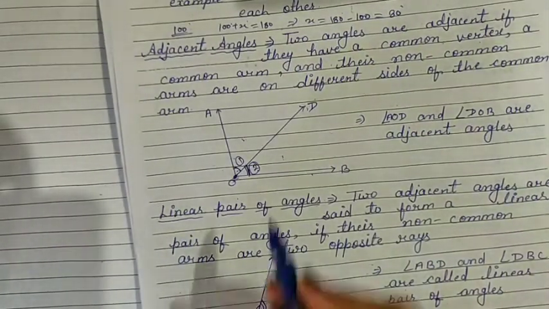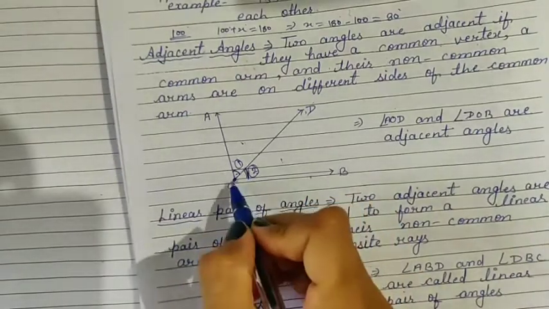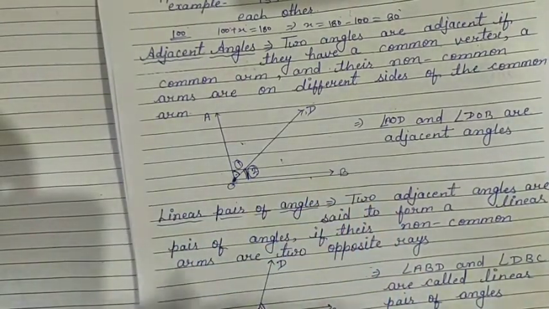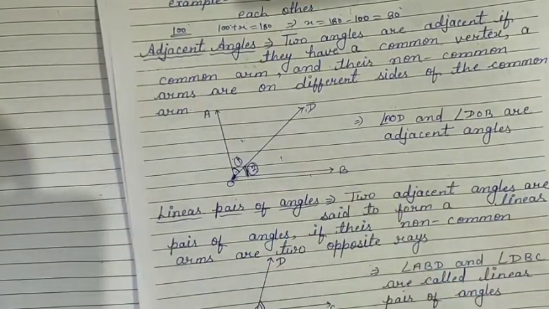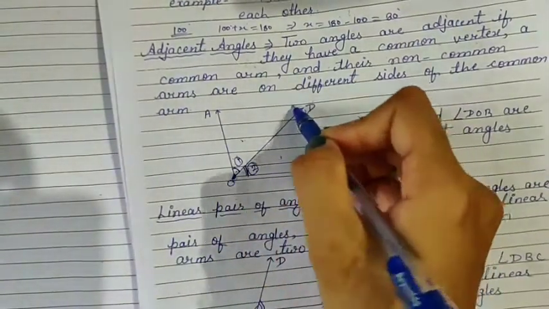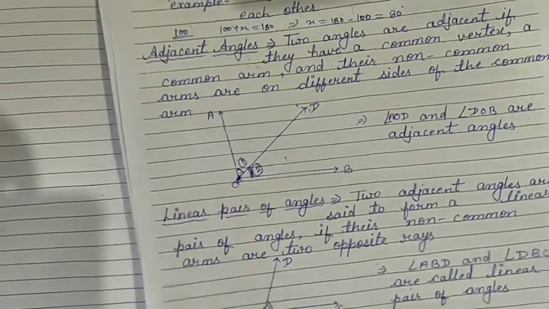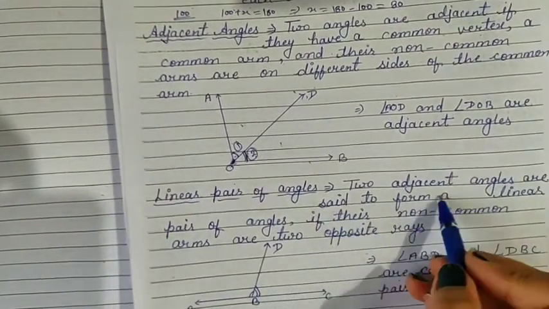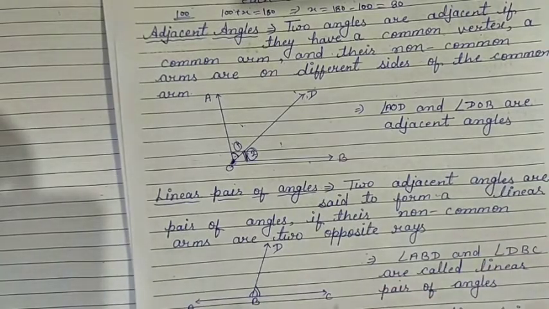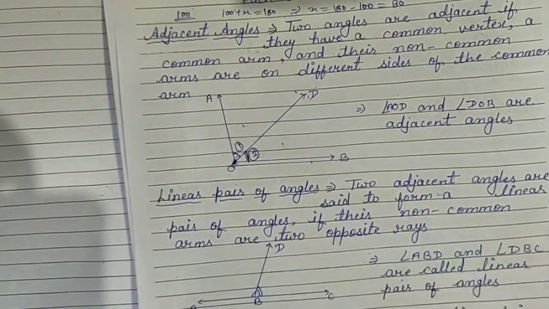Okay students, these two angles are adjacent because they have a common vertex, a common arm OD, and their non-common arms are on different sides of their common arm. Now linear pair of angles. Two adjacent angles are said to form a linear pair of angles if their non-common arms are two opposite rays.